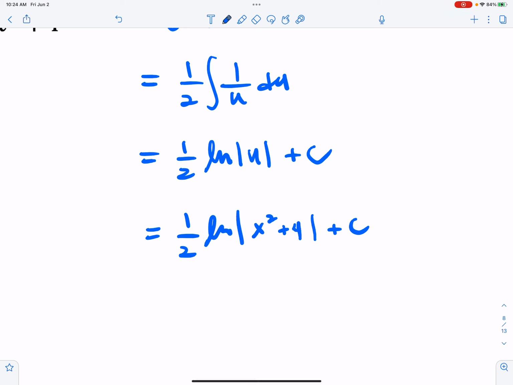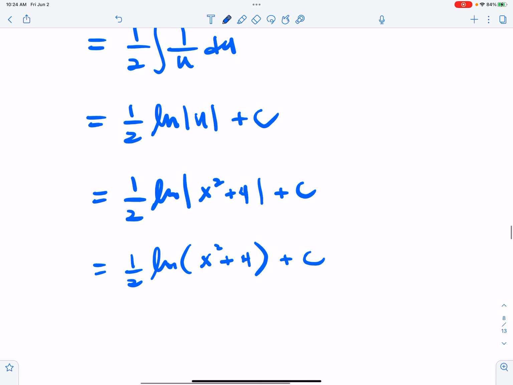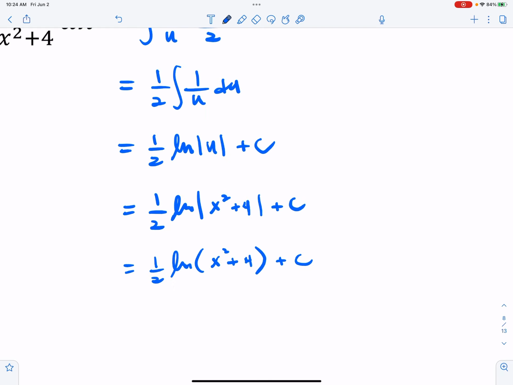So you actually don't need absolute value around x squared plus 4, around that argument. And that would be something that, if it came up as a multiple choice or something, you would have to recognize. Because both are the antiderivative. It's just the absolute value bars end up being unnecessary.